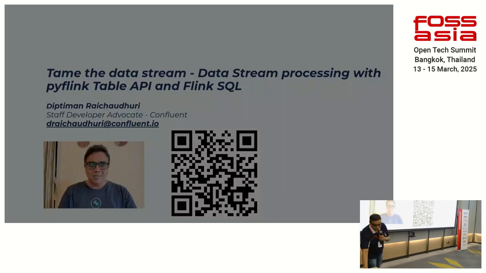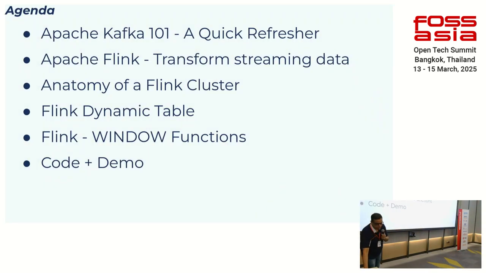So let's jump right in. It would be a very quick introduction to Kafka, and then we'll fall through Flink. And today my focus is PyFlink. As a Python data engineer, how do you do all these things, right?